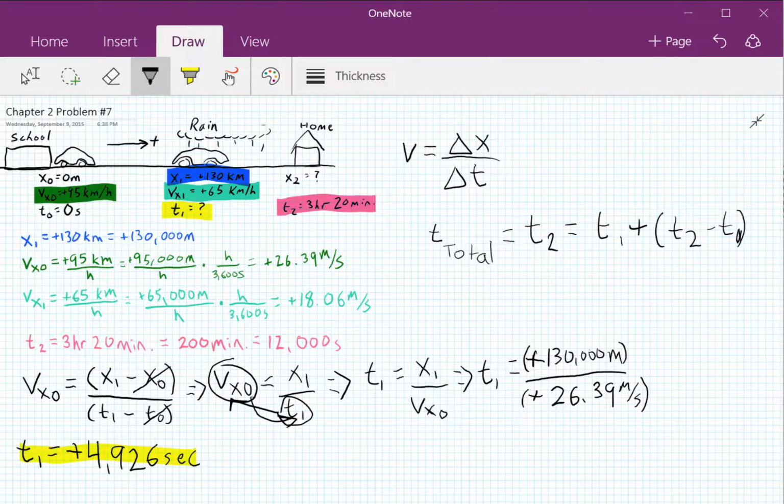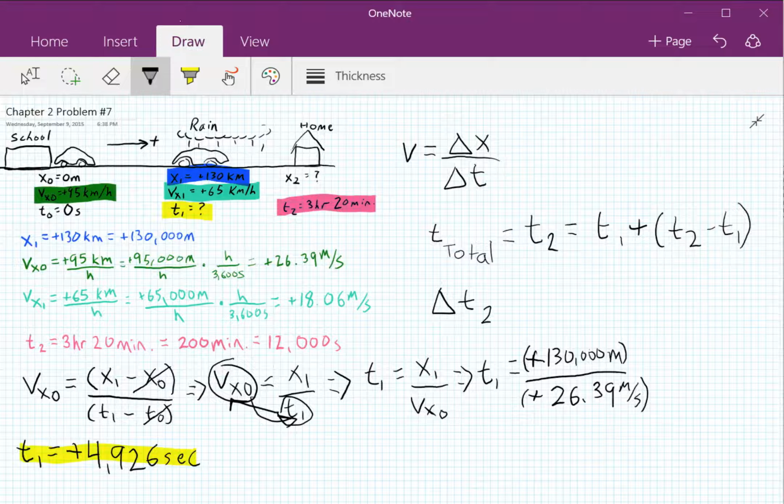Let's see. Which might be a little confusing. What I actually like to do is think of it as you have your final and you had your time where the rain started. So all you really need to do is say, basically what you want to end up saying is that you have the change in the time from t1 to t2.